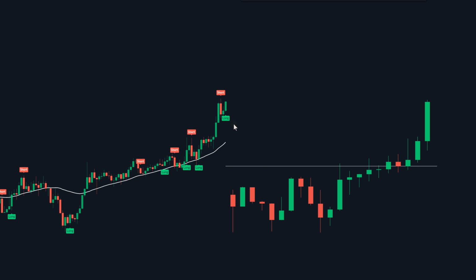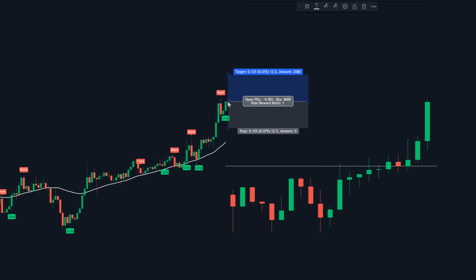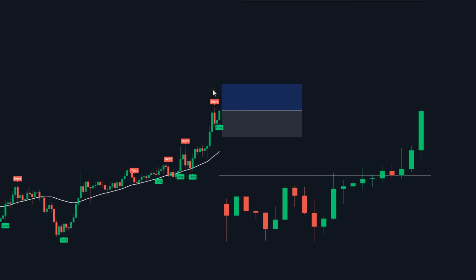Next, at the time the long signal is printed, we need to have at least 3 back-to-back bullish or green candles printed right here, with the latest candle opening and closing above the midline. Having 3 back-to-back green candles with the latest one above the midline indicates that the 30-minute time frame is also in a bullish trend. This basically means that if we enter our position right here, there is a very high chance that the price will move in the direction of our trade.